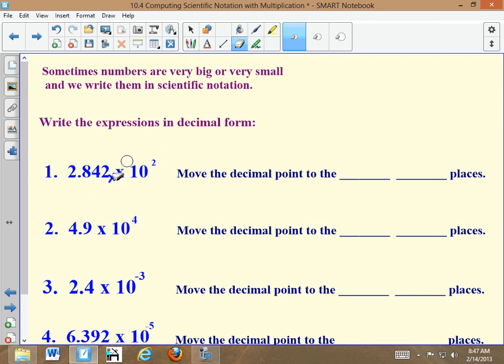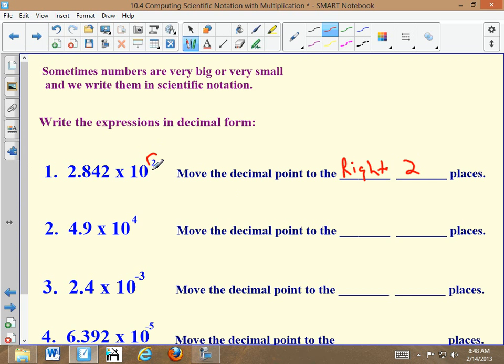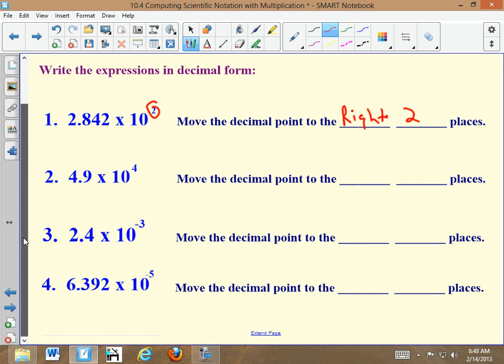However, if I'm converting out of scientific notation into decimal form, this tells me to move the decimal point to the right. How many spaces? 2 places. I know it's to the right because this 2 is positive. Okay?